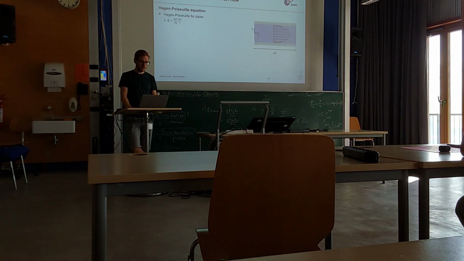Just to remind you, the Hagen-Poiseuille equation for pipes looks like this, and the Hagen-Poiseuille equation relates the volume flow to the pressure drop. Right? This is important to know.